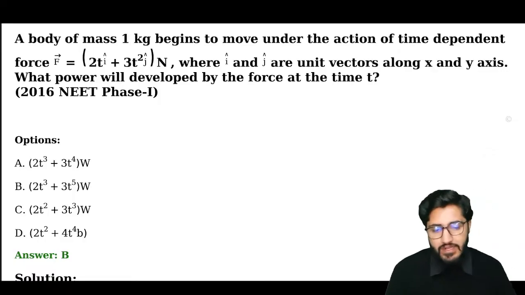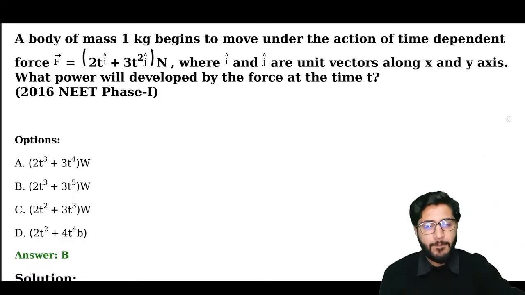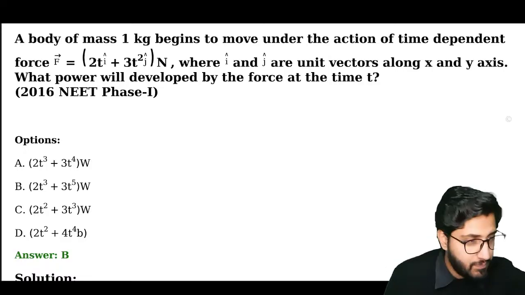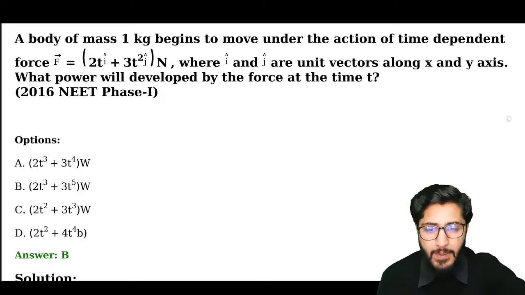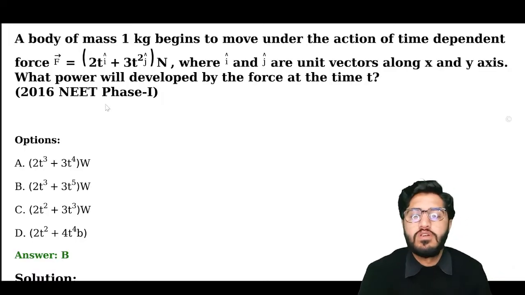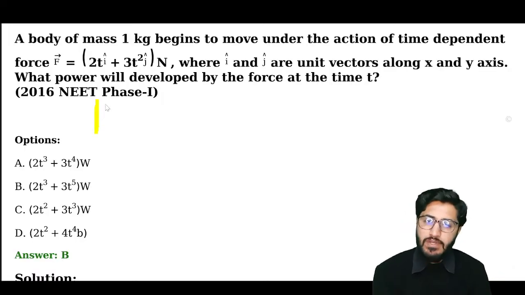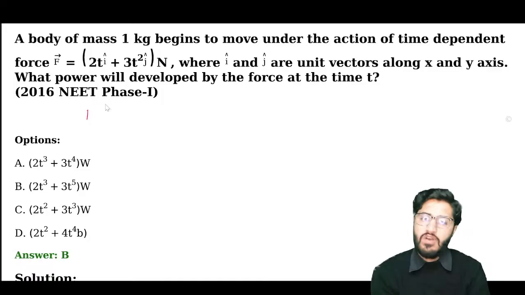So what is power in the particular case? How can we get the power basically, right? As we all know, power is equal to force into velocity. So I can write simply, power is equal to force into velocity.